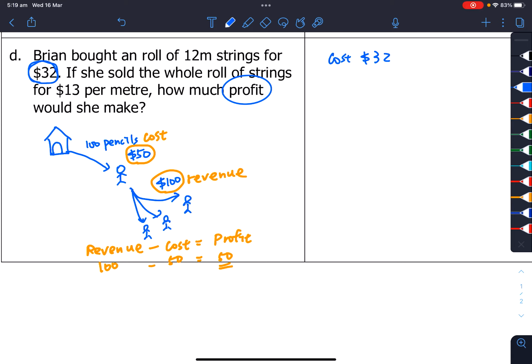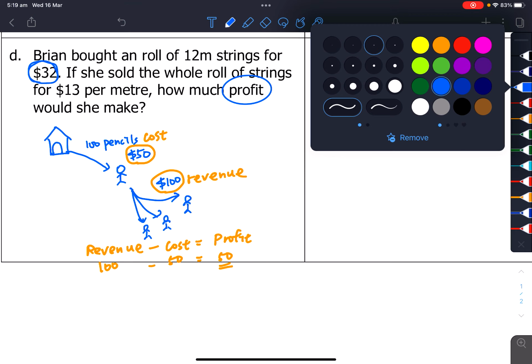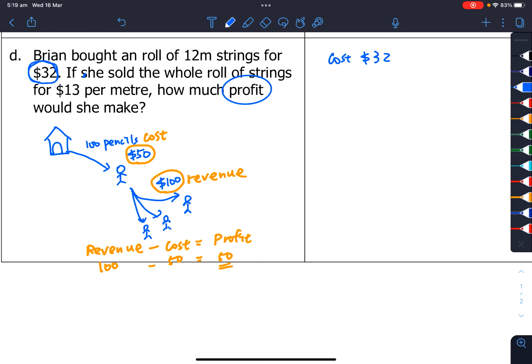But here should be here. Equation here should be here. Because if Brian sold the whole row of strings for $13 per meter, so it means the revenue should be $13. 1 meter $13 times 12 meter.